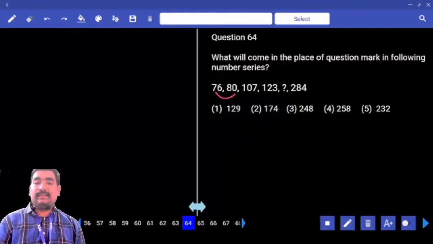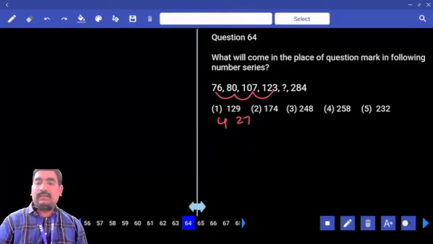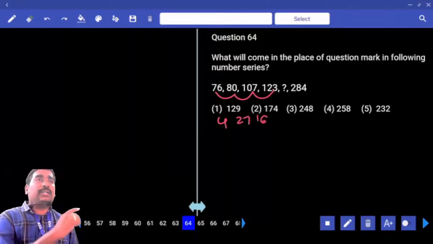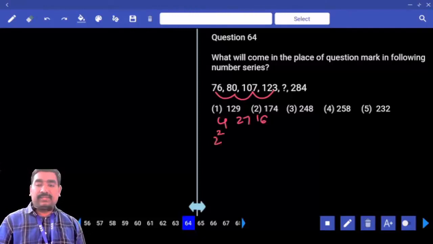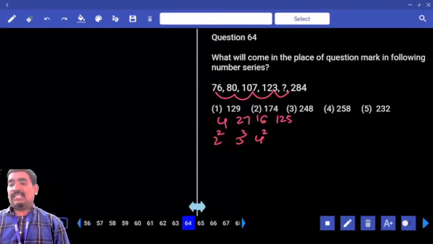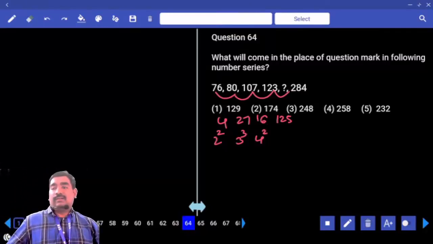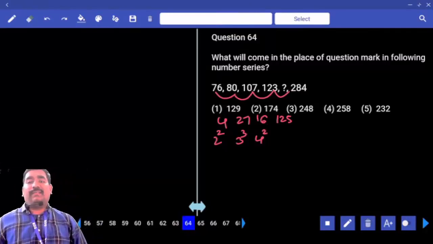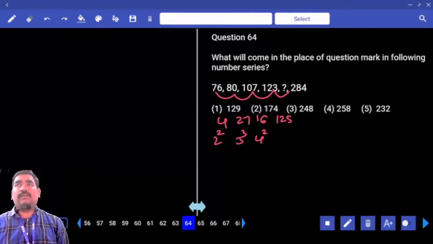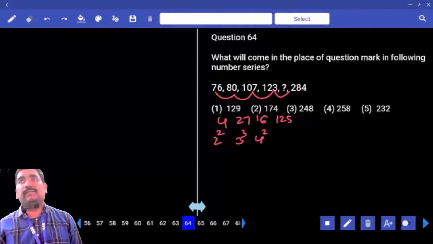Next. 4, 27, 60, 16. 4 is 2 square, then 3 cube, 4 square, 5 cube, which is 125. 123 plus 125 is 248, your answer. 2 square, 3 cube, 4 square, 5 cube, 6 square.